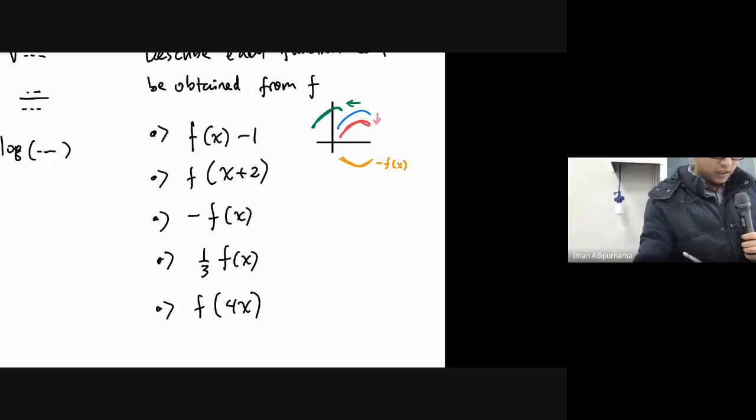How about not minus f of x, but f of minus x inside? Yes, correct. So if you have this, then it is reflected across the y-axis, okay? So maybe here.